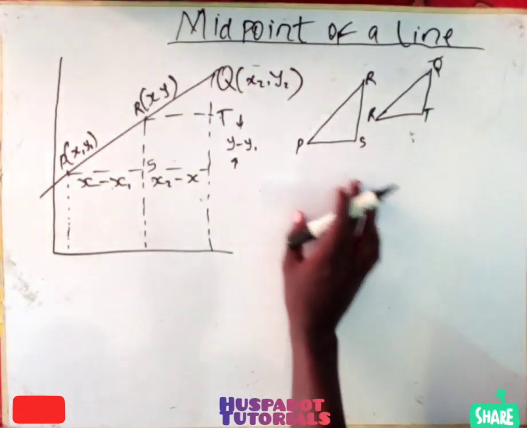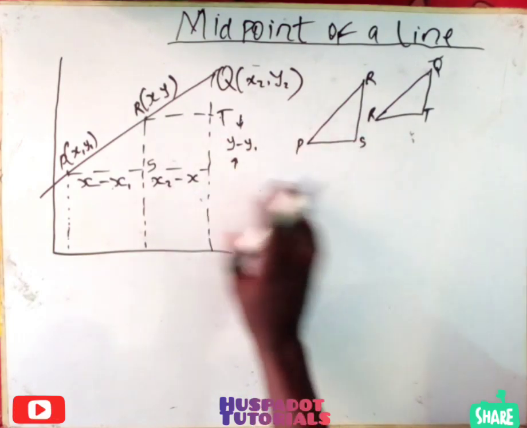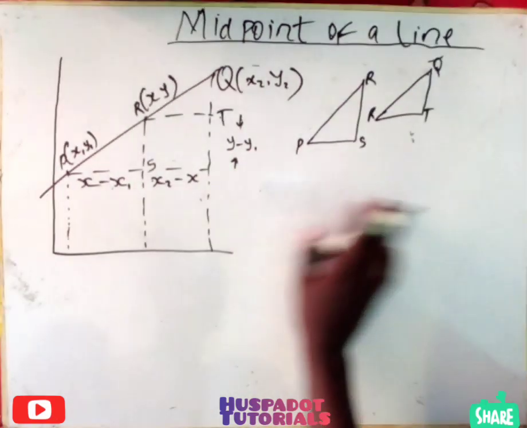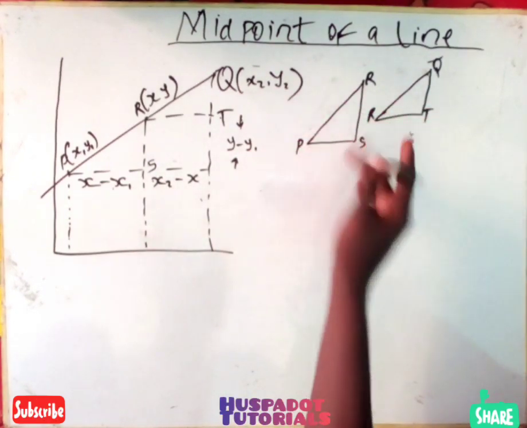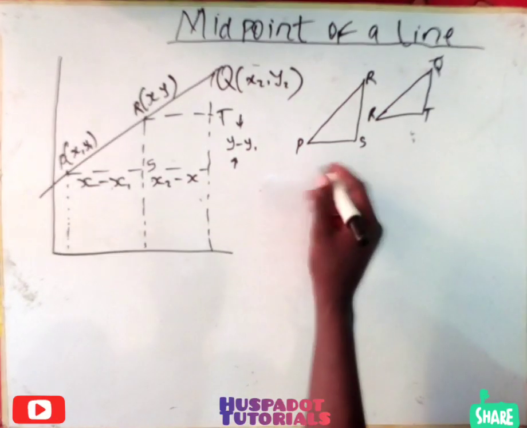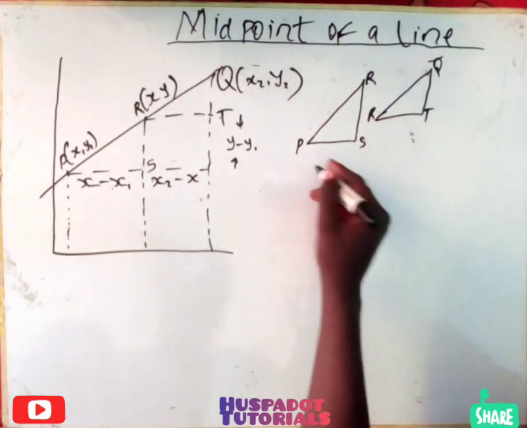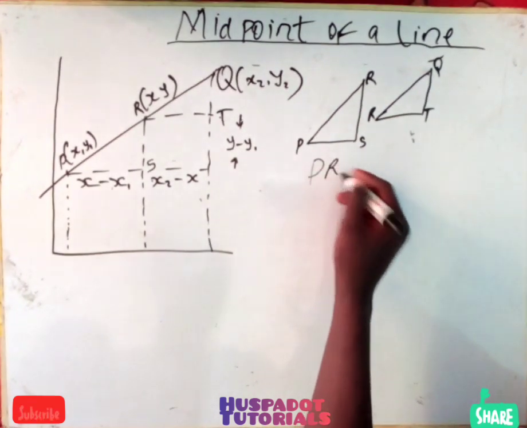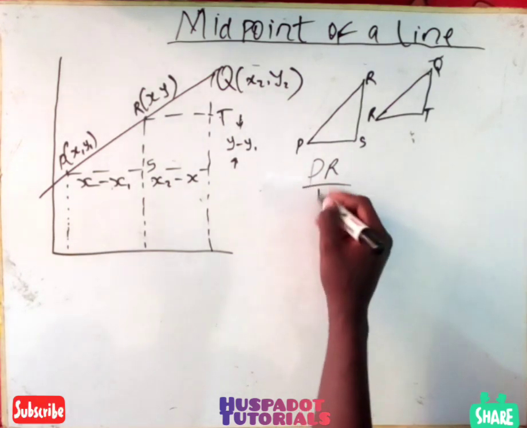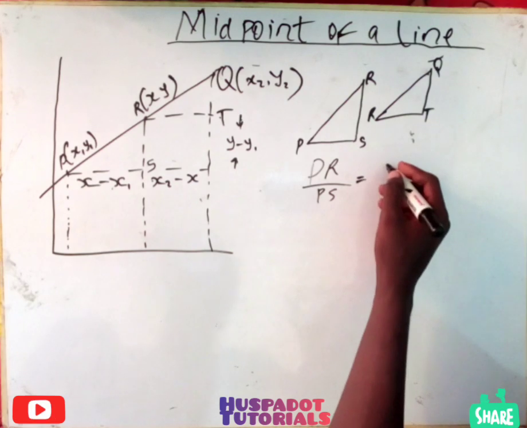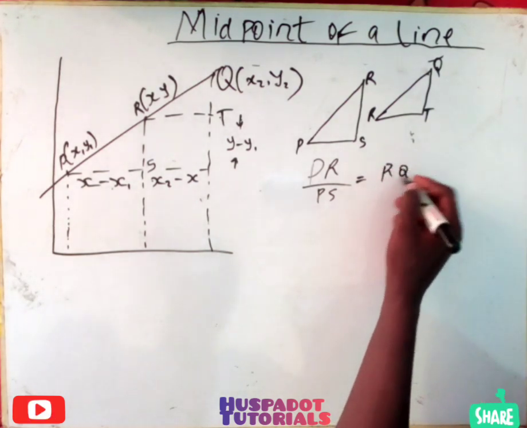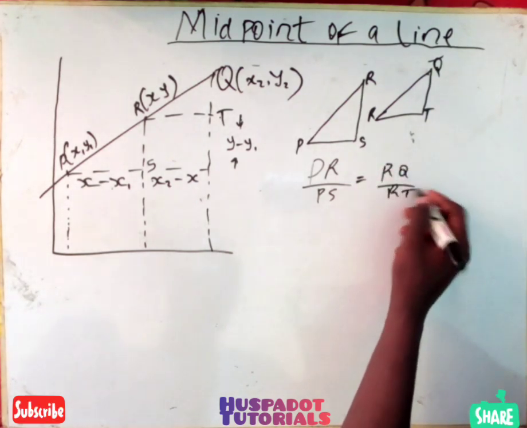You can use the fact that the triangles are similar to compare their sizes. Using the similar triangles, the side PR over the side PS should be the same as RQ over RT.